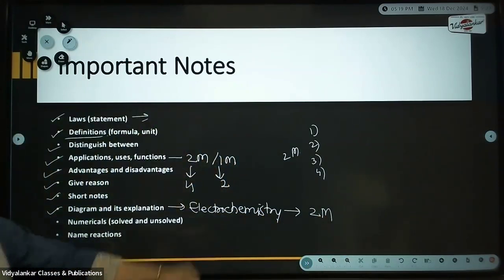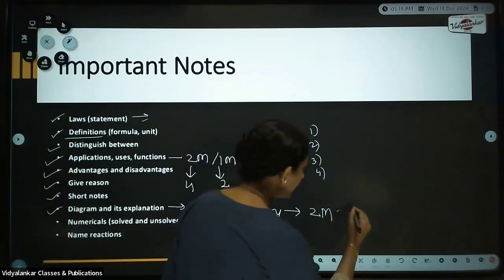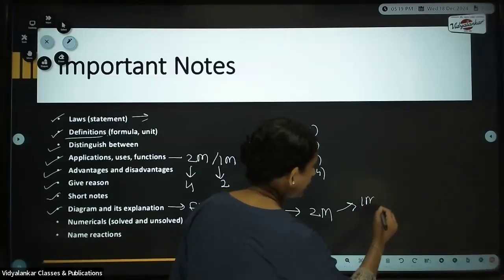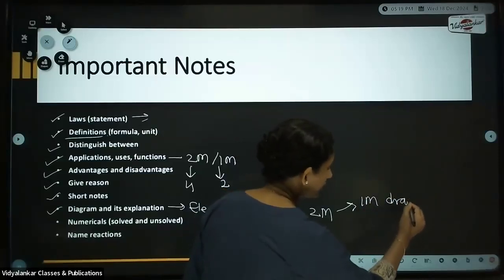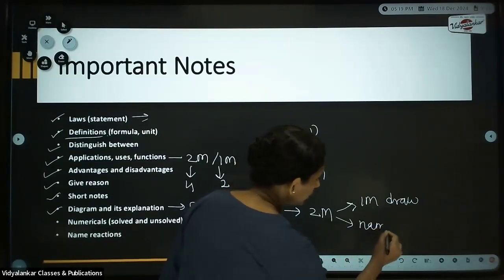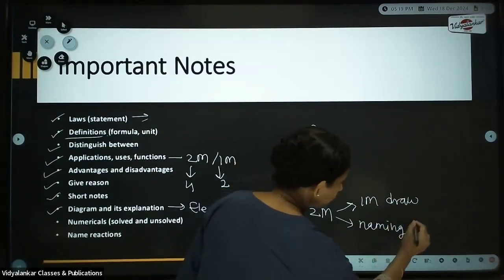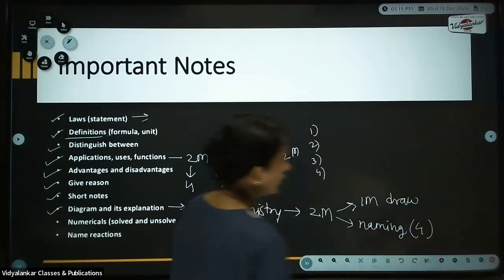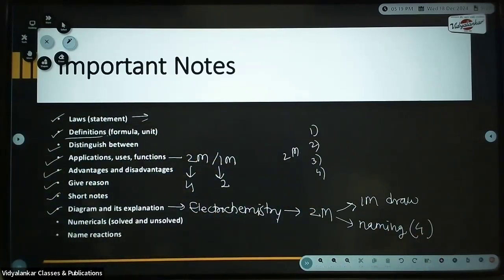These 2 marks get distributed as 1 mark for drawing the diagram and 1 mark for proper naming. At least 4 names are expected for the asked diagram. So this is about diagrams.